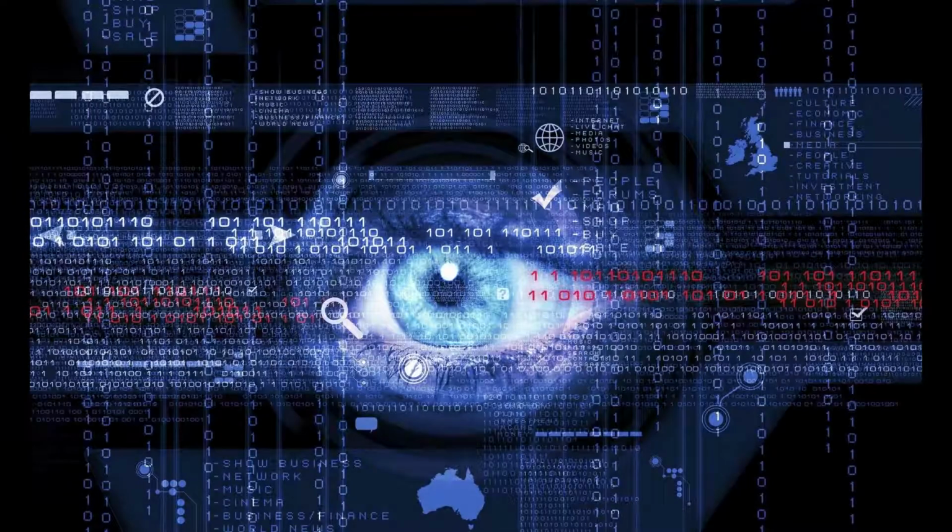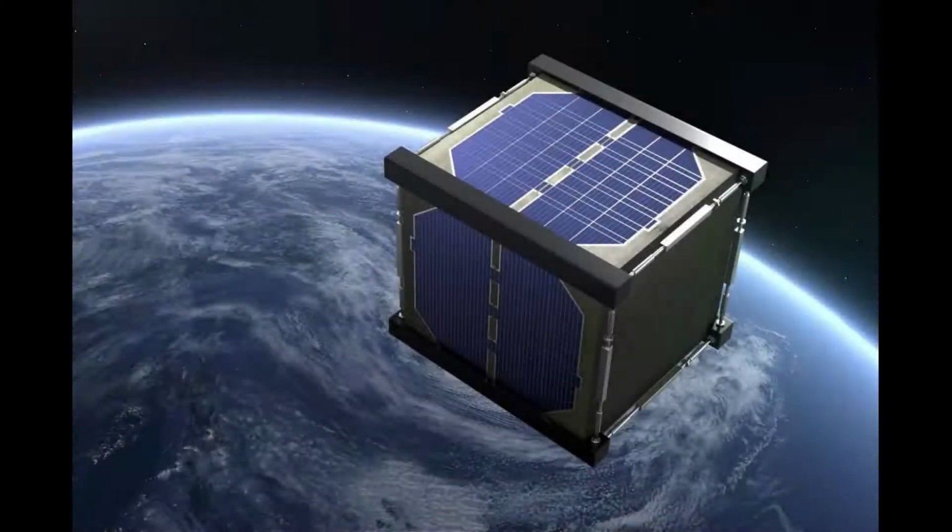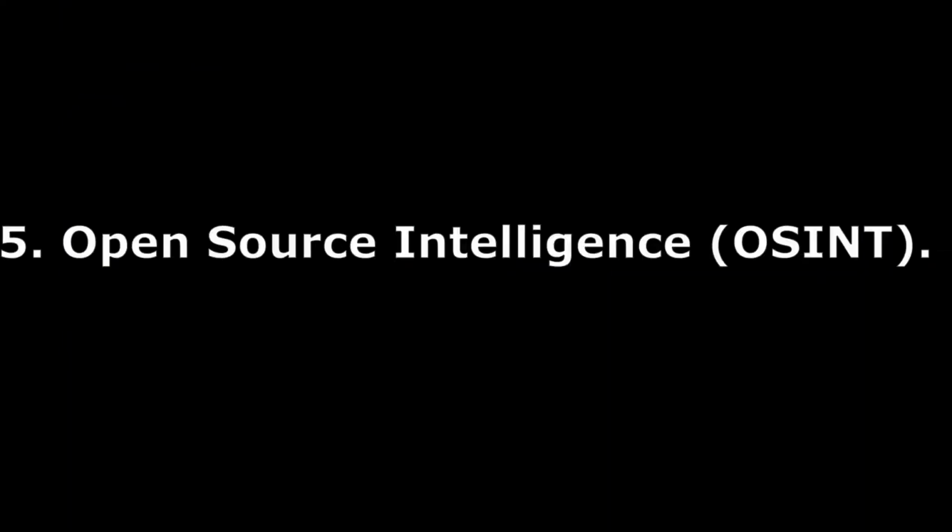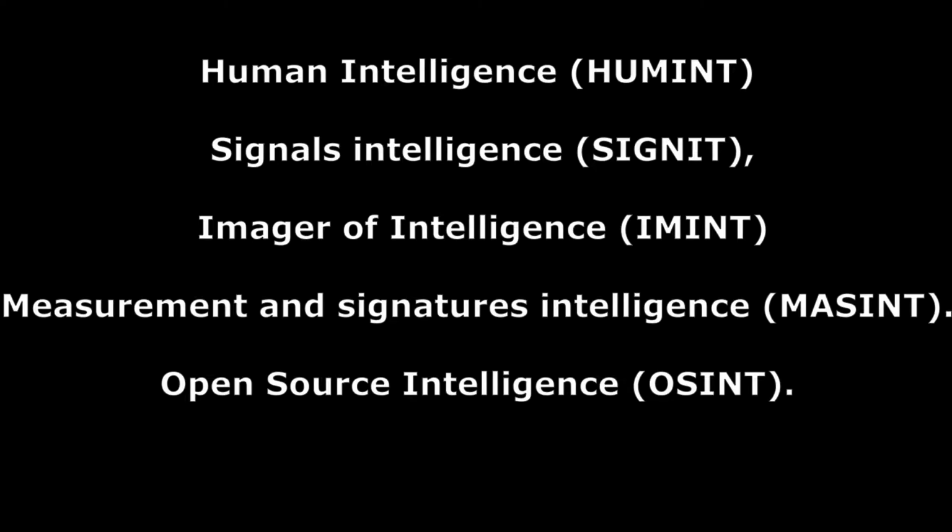The third one is imagery intelligence, which is IMINT. The fourth one is measurement and signatures intelligence, which is MASINT. And the fifth one is open source intelligence, OSINT. Those are the five main ways of collecting intelligence in security management.